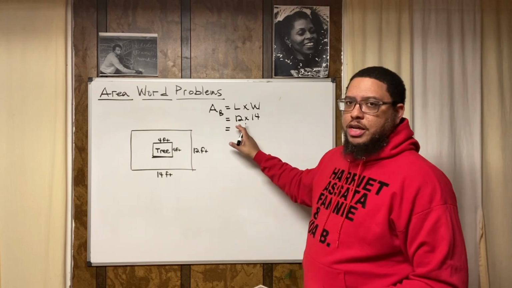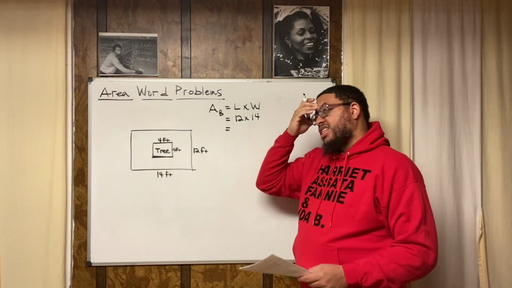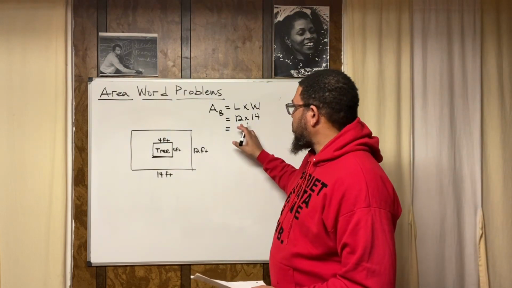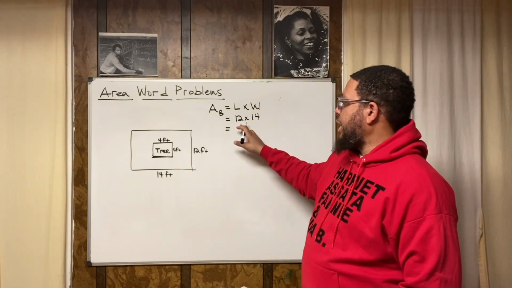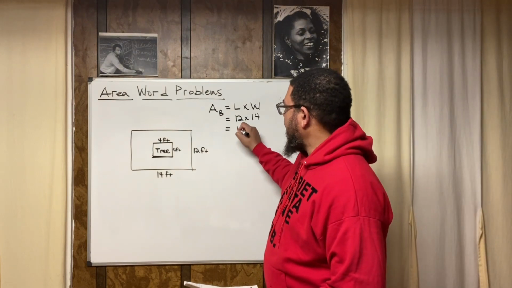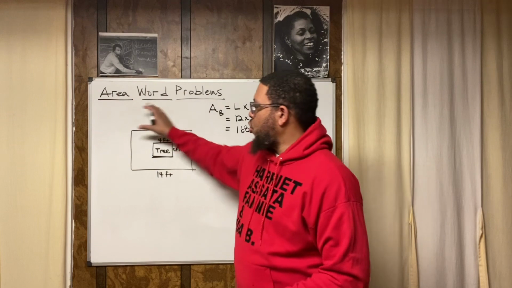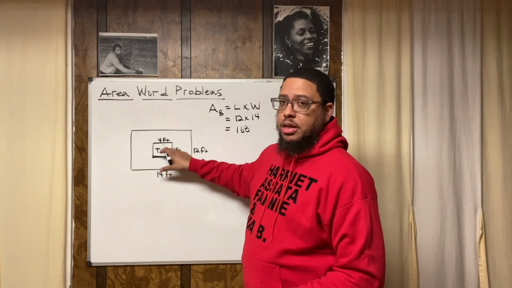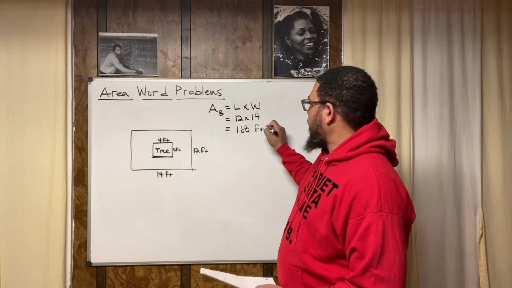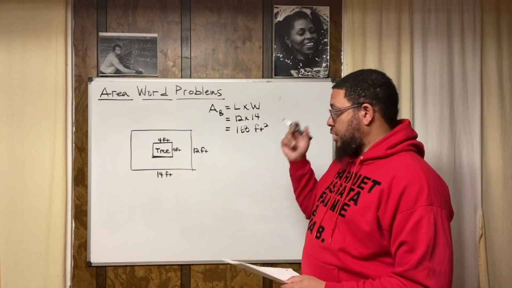If I break this 12 down into 10 plus 2 and try to do it mentally, 14 times 10 is 140. 14 times 2 is 28. So 140 plus 28 is 168. So the area of this whole bench, including the area of the tree, is 168 square feet.